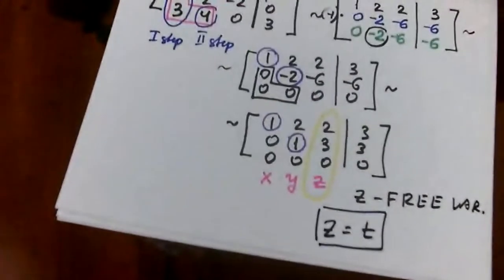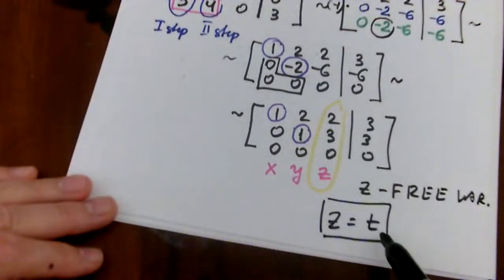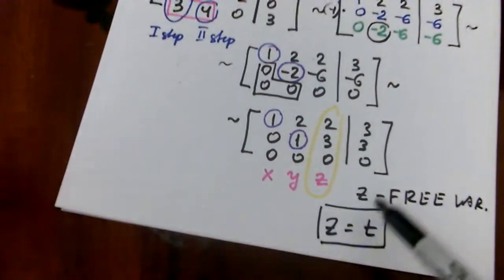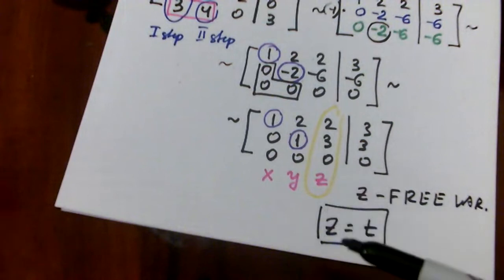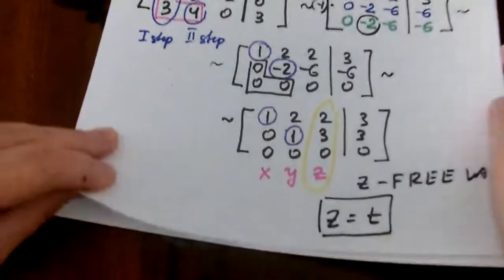In this problem, we have only one free variable. That is why we use only one letter t. But sometimes we can have two free variables. In this case, we use letters t1, t2, and so on.